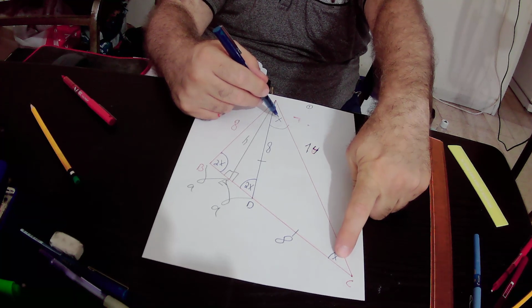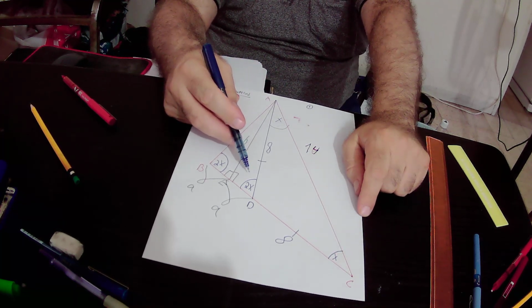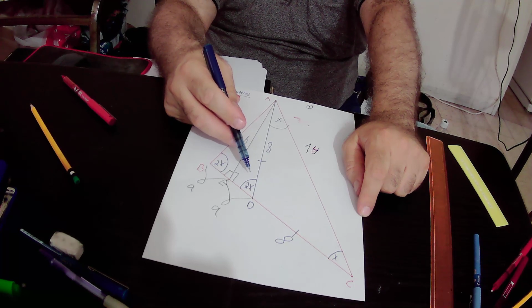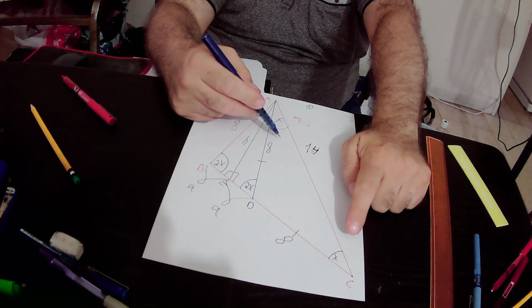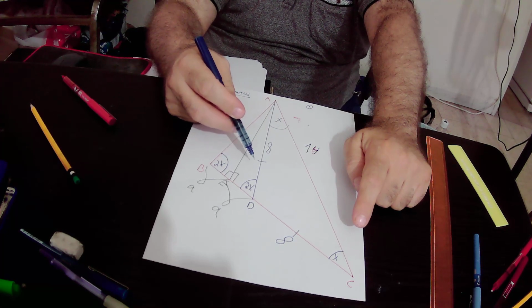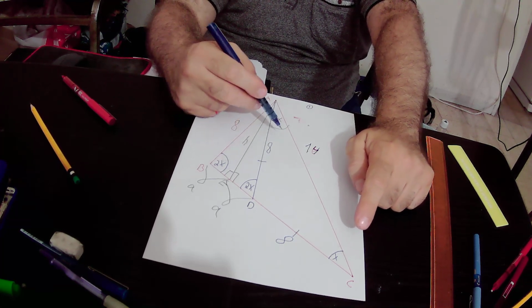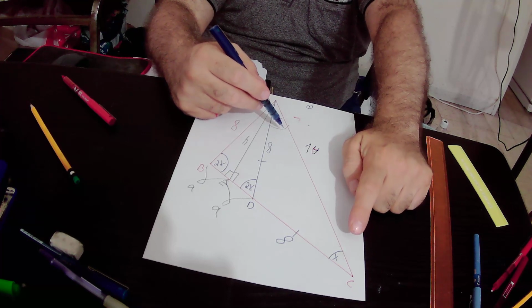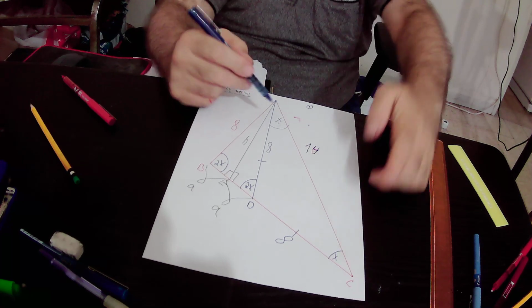Those two angles are interior angles, and angle 2x is an exterior angle in relation to triangle ACD. According to rule number 2, the exterior angle 2x will be equal to the sum of the interior angles, that is to say, this angle plus this angle.